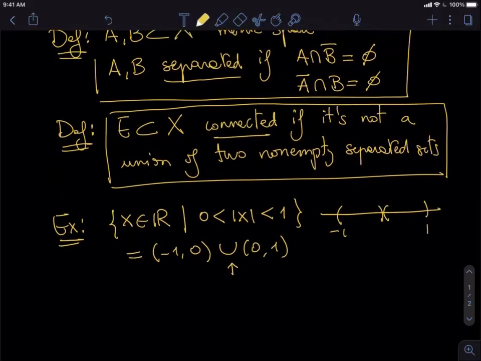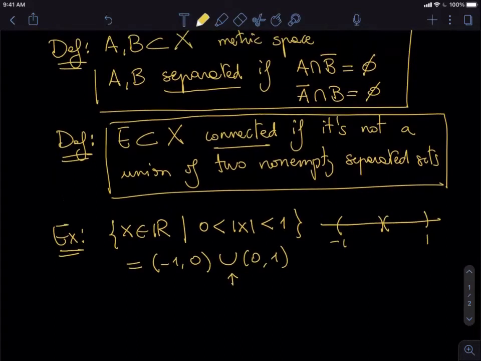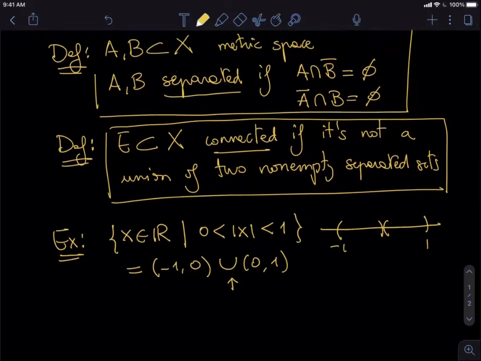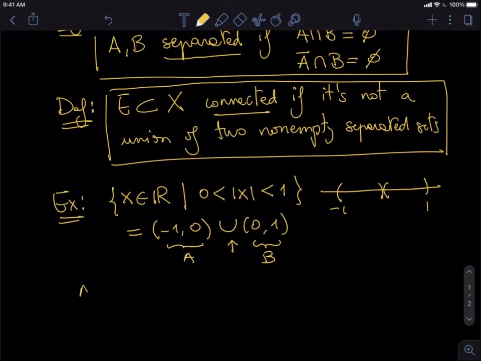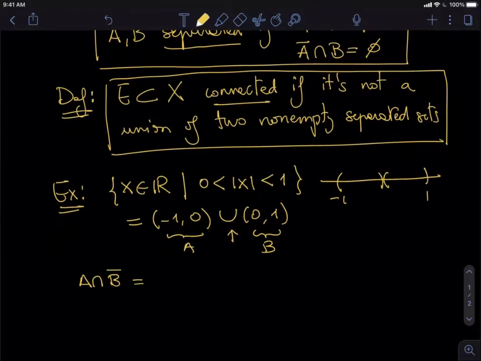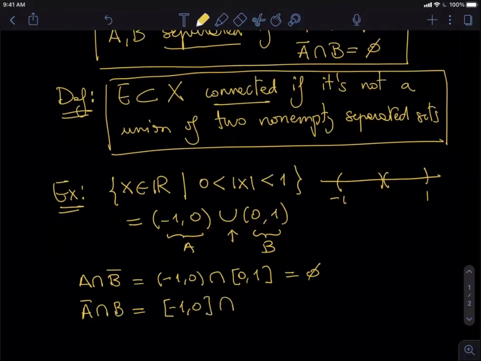The two sets we have, (0, 1) and (-1, 0), are clearly separated. Because if this is A and this is B, we have that A intersection closure of B, that would be (-1, 0) intersection with the closed interval [0, 1], that is empty, and the closure of A intersection with B, that is the closed interval [-1, 0] intersection with (0, 1) open, that is also empty.